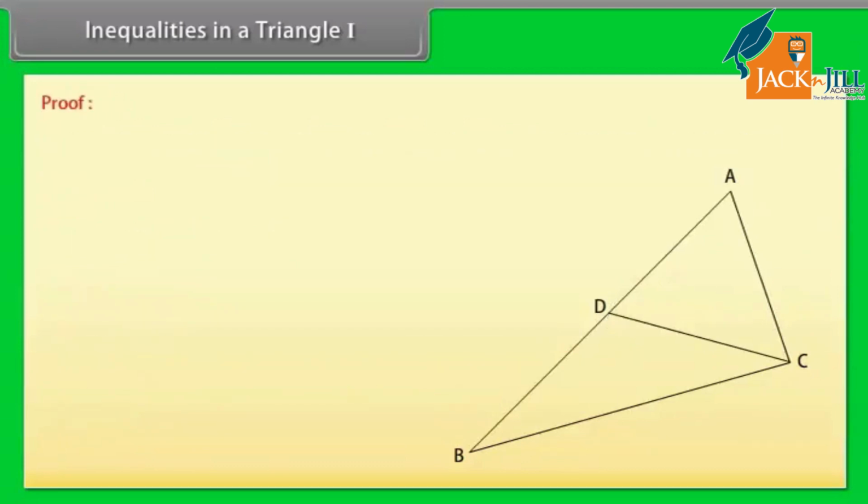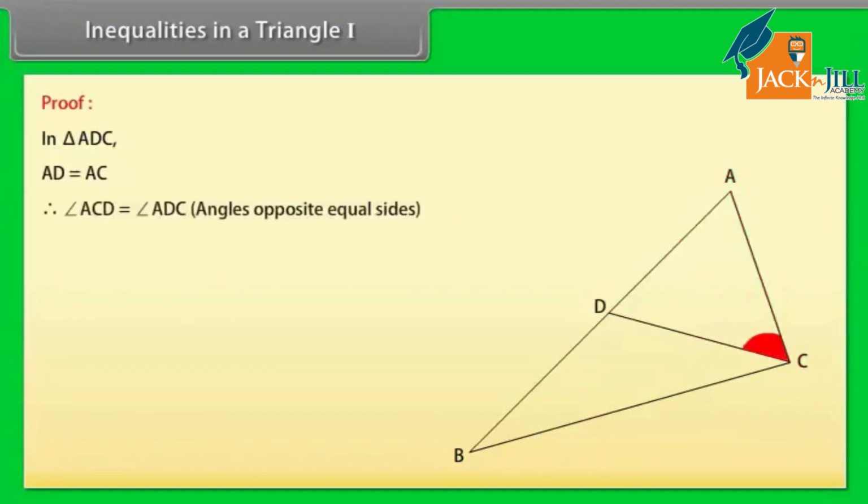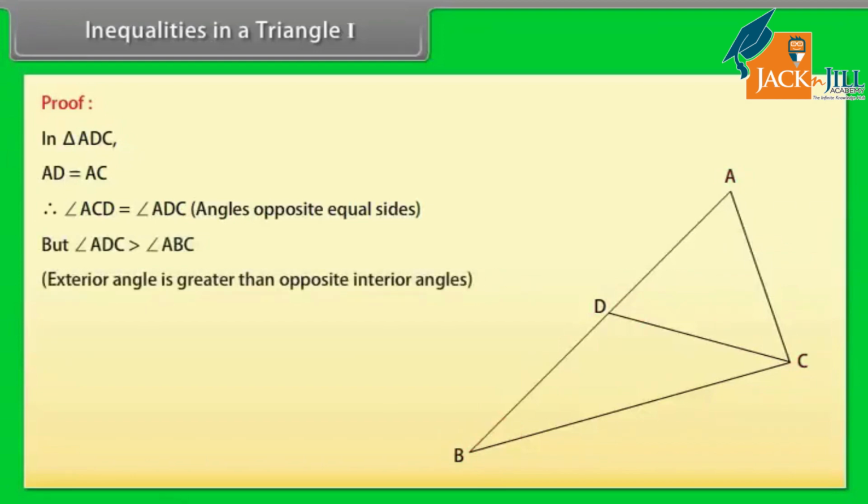Proof: in triangle ADC, AD is equal to AC. Therefore, angle ACD is equal to angle ADC because angles opposite equal sides of a triangle are equal. But angle ADC is greater than angle ABC because an exterior angle is greater than the opposite interior angles.